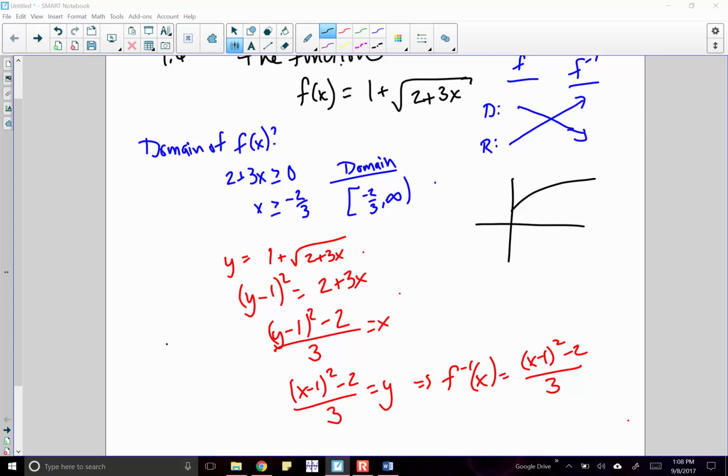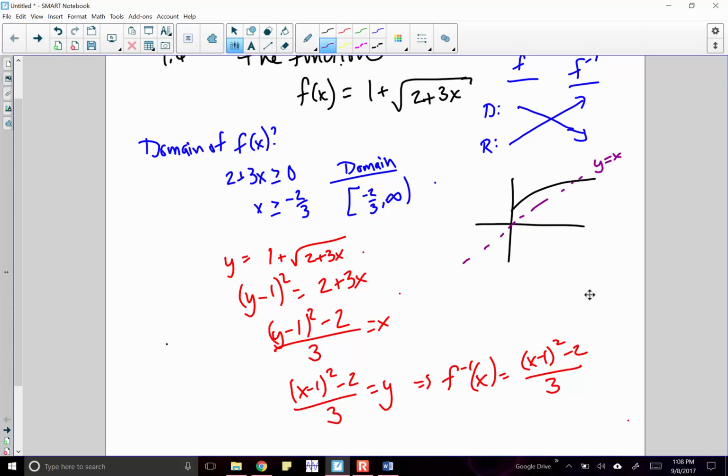So I need to figure out which part of the domain of the inverse function I have. Do I have the right half or the left half? Maybe it would help to think about inverses: we know that it's a reflection over the line y equals x.